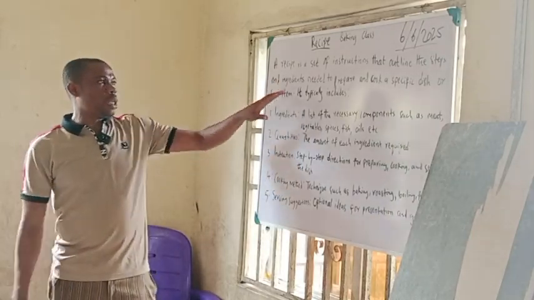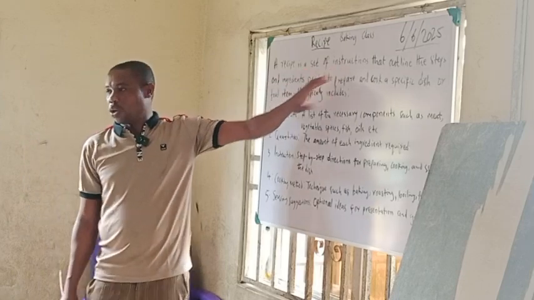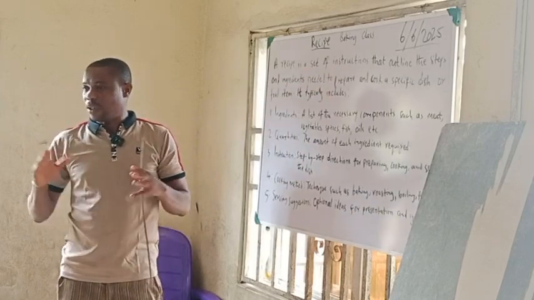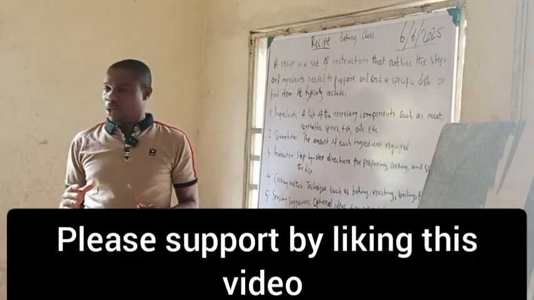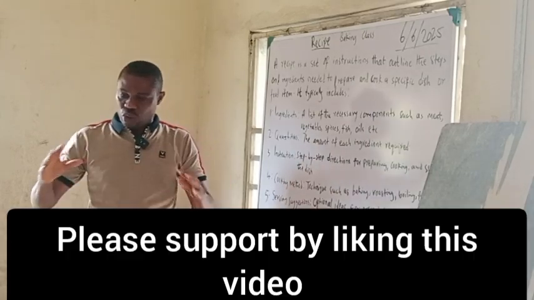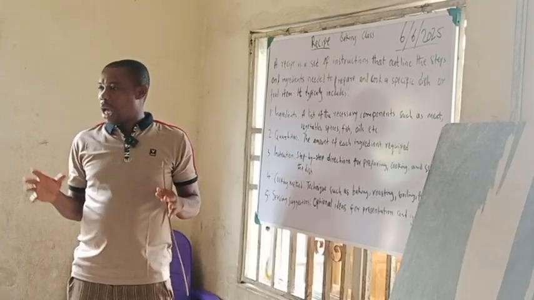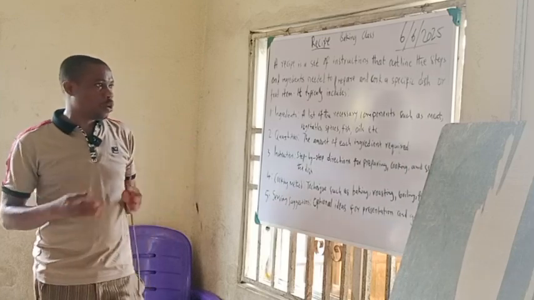Now let's look at it. A set of what? Instructions. That means for you to have a recipe, one, there must be instruction on how the components should be.